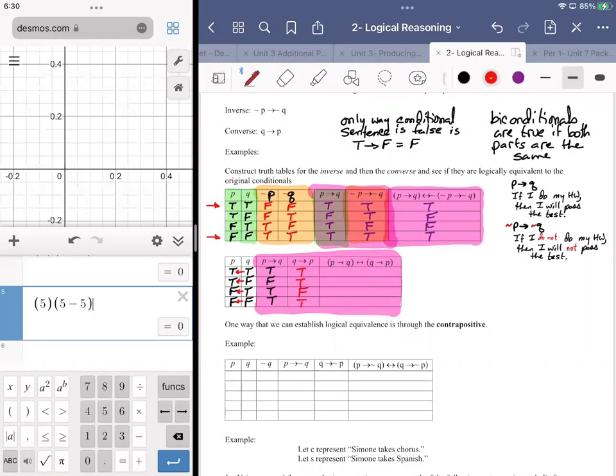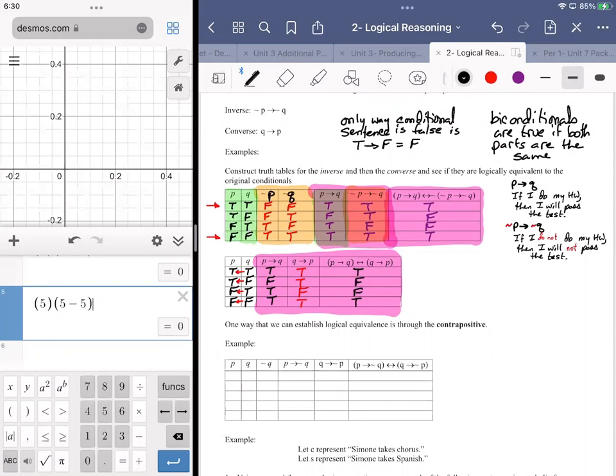Right. So true if and only if true is true. False if and only if true is false. True if and only if false is false. And true if and only if true is true.